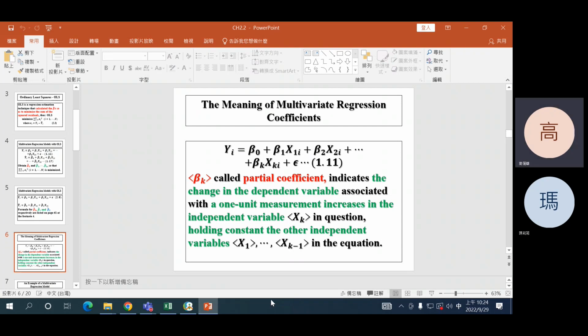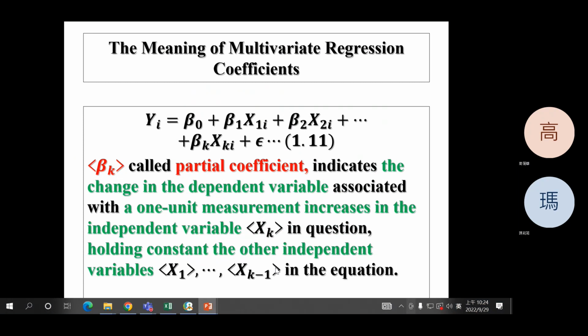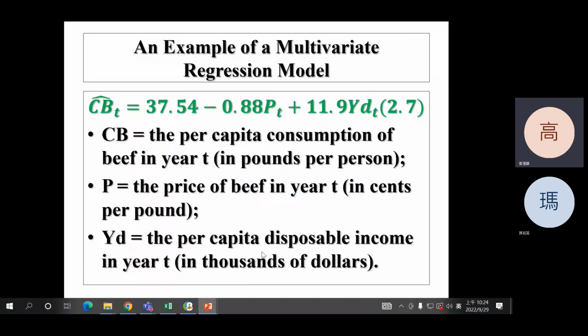I think if we don't use examples, it's really hard to get the idea. So let's use an example. How many variables do I have?